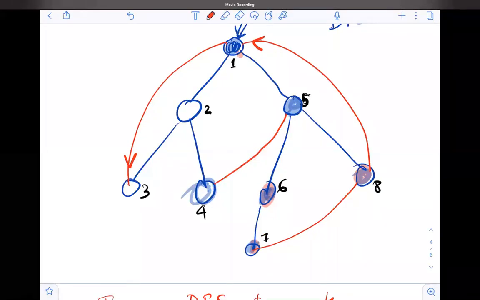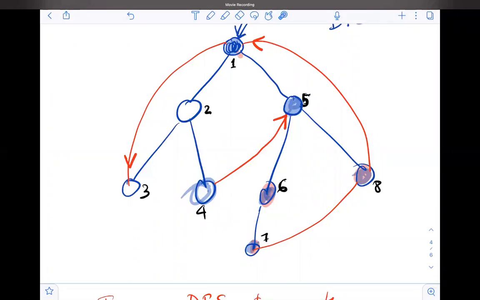For example, if there is an edge like this, this is actually a valid edge, because the problem is that when I am in 5, I will not be able to check for 4, because 5 is not reachable from 4. 4 is not in the neighbor of 5. So it is possible that there are such things.